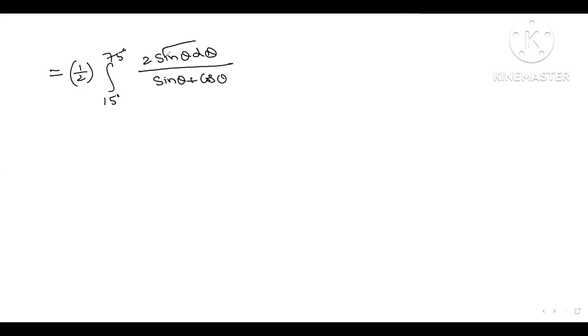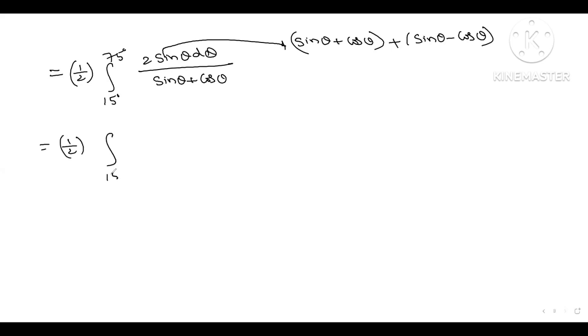So 2 sine theta, I can write as sine theta plus cos theta plus sine theta minus cos theta. Therefore, 1 by 2 times integral 15 degrees to 75 degrees, sine theta plus cos theta plus sine theta minus cos theta, d theta.